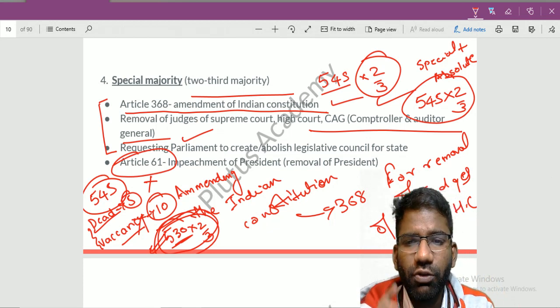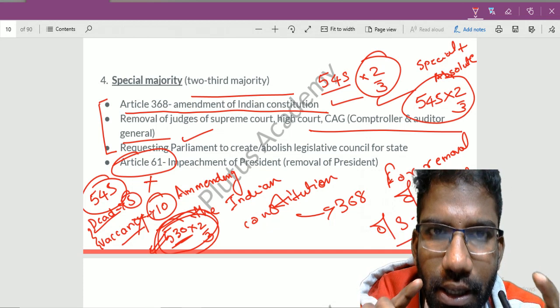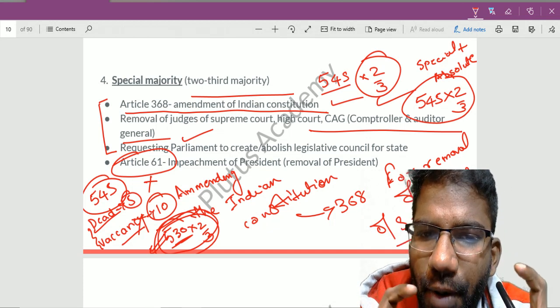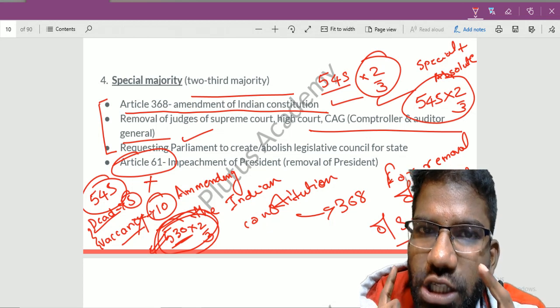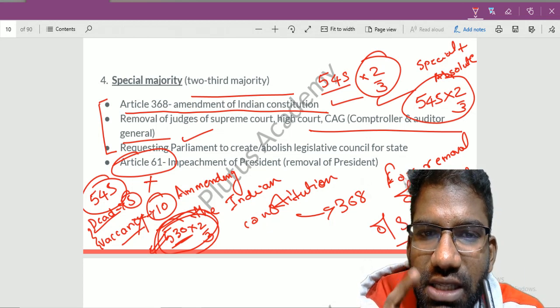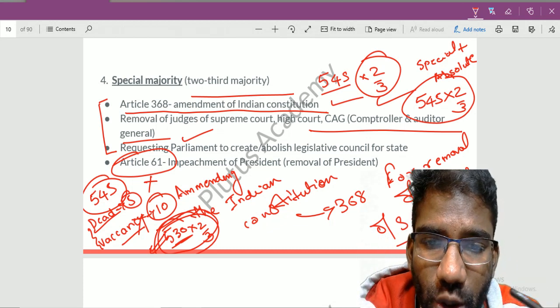Friends, impeachment means removal, but when we talk about the removal of the President, we use the word impeachment. This word is not used in any other case. If we are talking about removing a judge of the Supreme Court, we use the word removal.